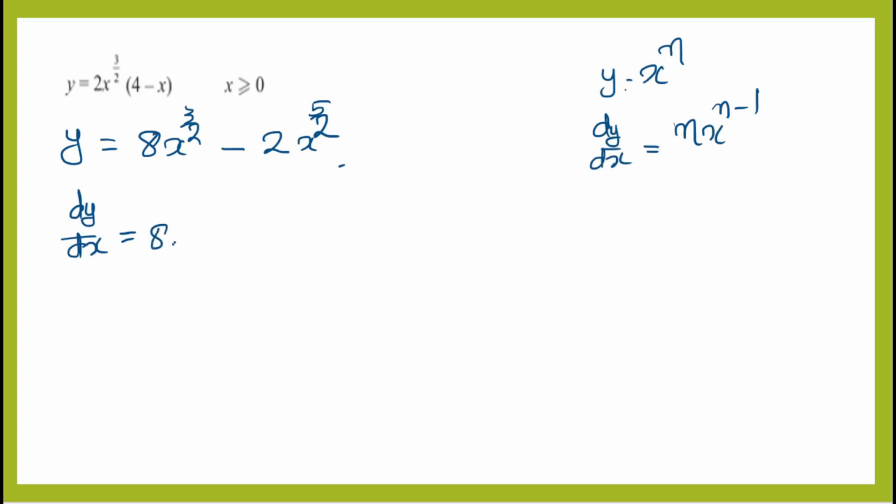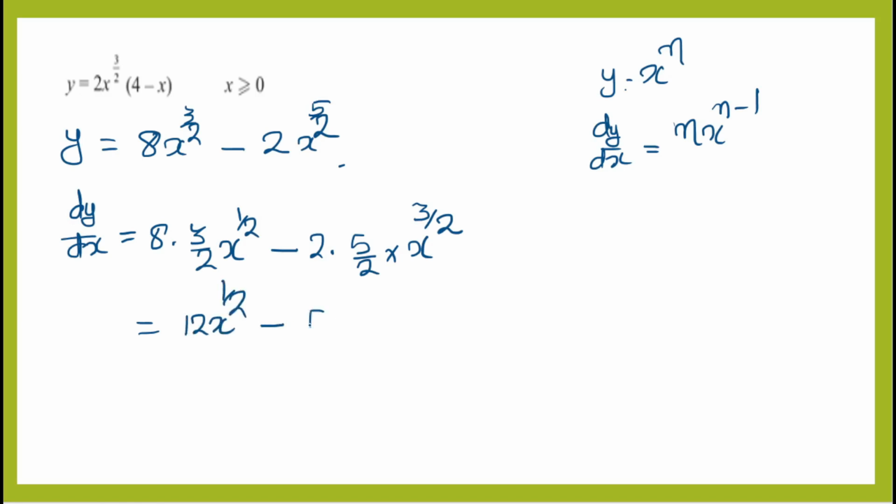Therefore 8 times 3 by 2 x to the power 3 by 2 minus 1 is 1 by 2, minus 2 times 5 by 2 times x to the power 5 by 2 minus 1 is 3 by 2. That equals 12 x to the power 1 by 2 minus 5x to the power 3 by 2.